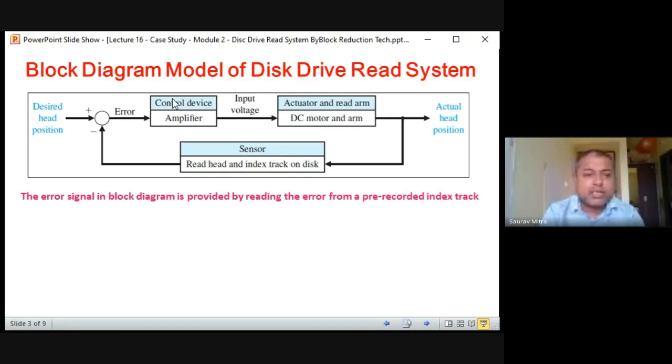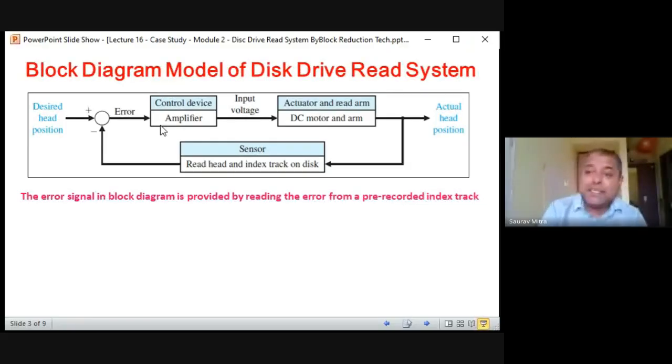So what is the amplifier? The amplifier is actually amplifying that signal, if there is any misalignment in the disk position. So that control signal is being amplified by this. Okay, so this is the control device amplifier. This is the error. What is the error? Desired head position. So where the head position should exactly be. What is the head?